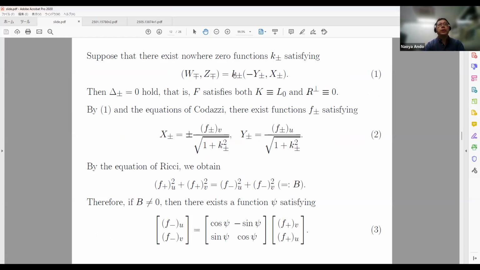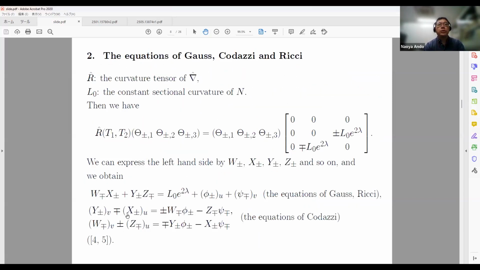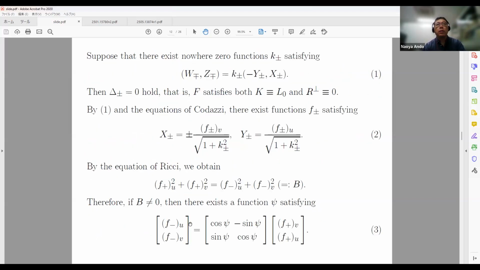By these relations and the equations of Codazzi, these are the equations of Codazzi. Then by these relations and by long calculations, we see that there exist functions small f plus minus satisfying these relations.